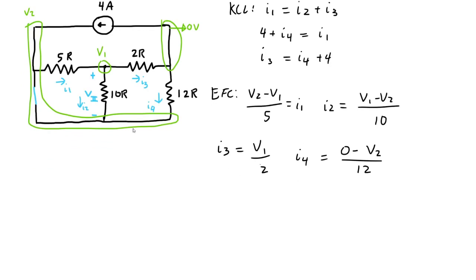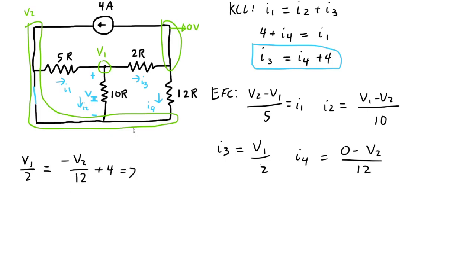So looking at this, we can find an expression for V2 in terms of V1 pretty easily using this. So V1 over 2 equals negative V2 over 12 plus 4.